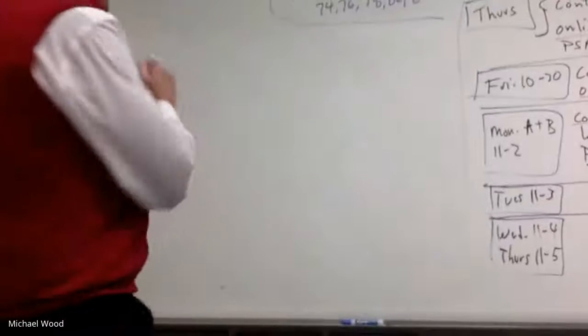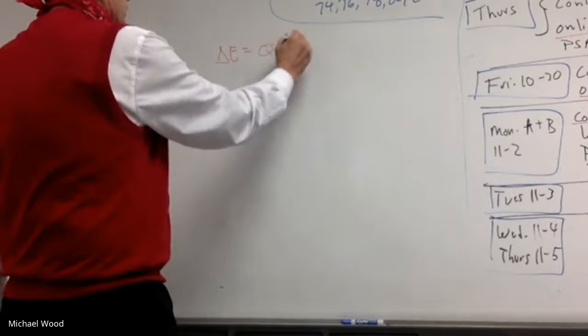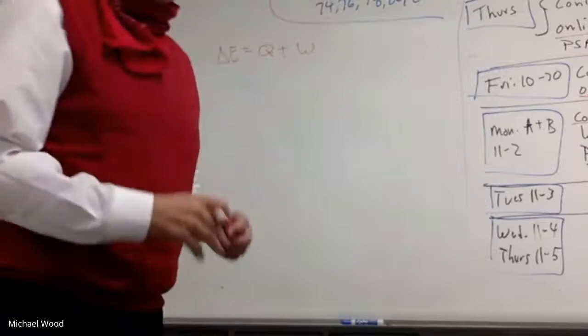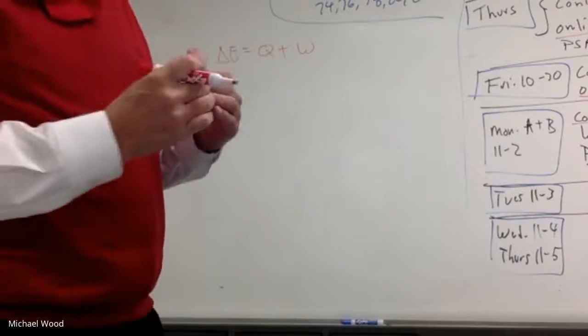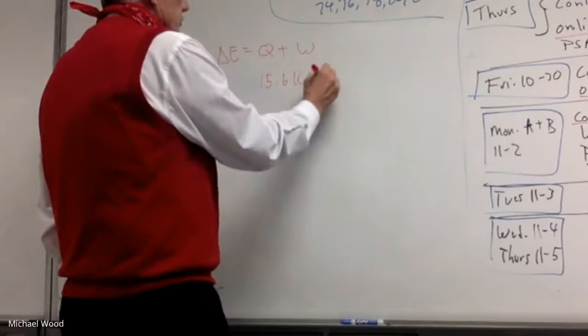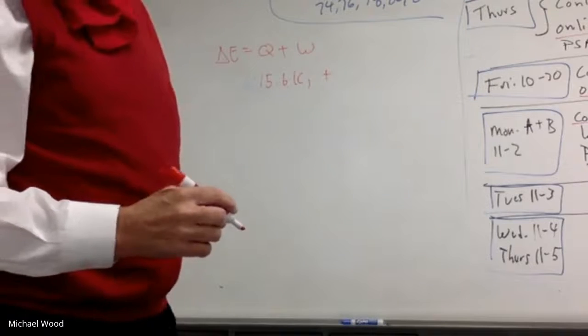So delta E is equal to Q plus W. Well, they said it was endothermic. Remember, endothermic means delta H is positive. And it says absorbs, so that means the Q is 15.6 kilojoules. And the work is 1.4.